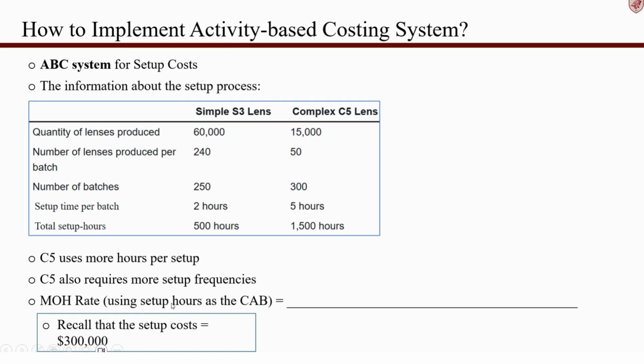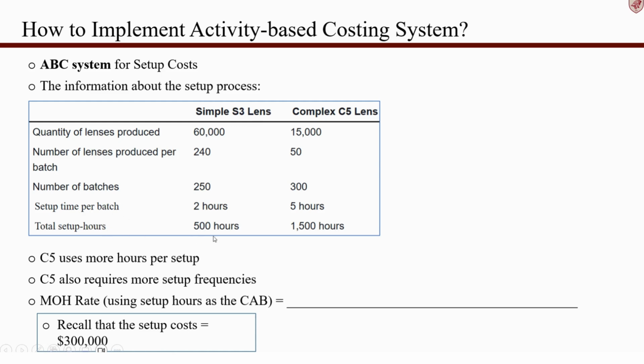Okay? The setup hour is a little bit more refined measure than the number of batches because it also considers how much setup time is required for each batch. So for example, when we are manufacturing the simple S3 lens, the number of batches is going to be 250 and the setup time for each batch is 2 hours.